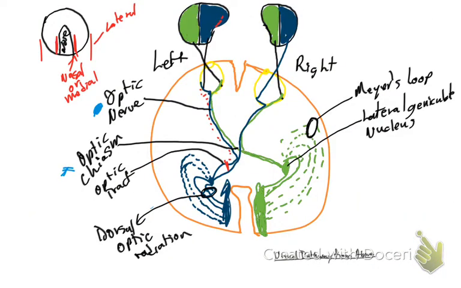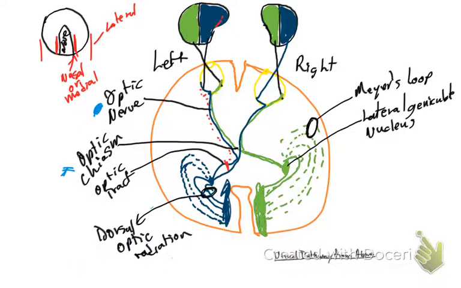So the dorsal optic radiation is right here. A lesion over there in this dorsal optic radiation can cause your left homonymous inferior quadrantanopia, pie on the floor. Now we know lesions there.